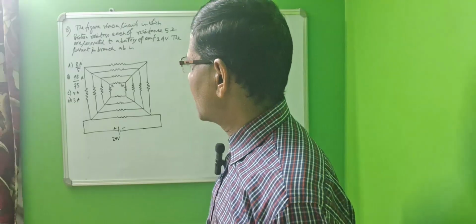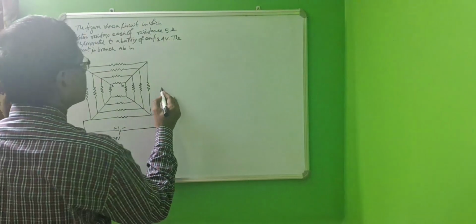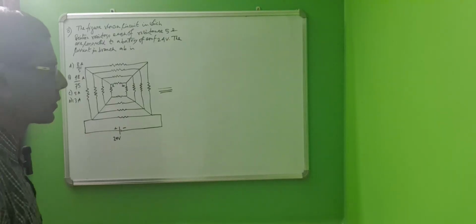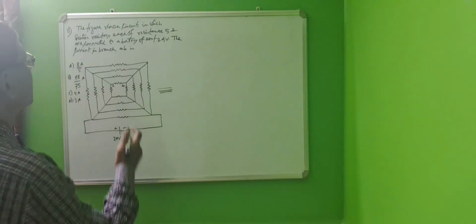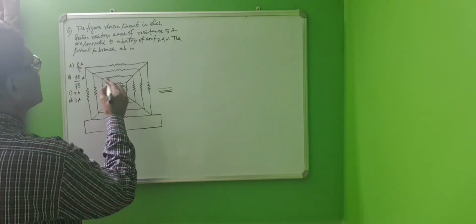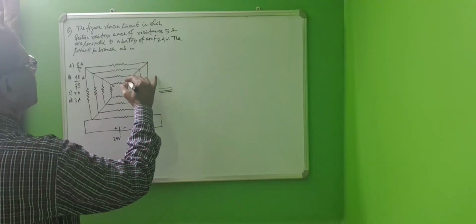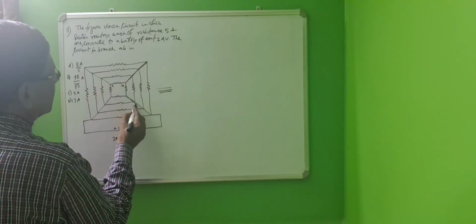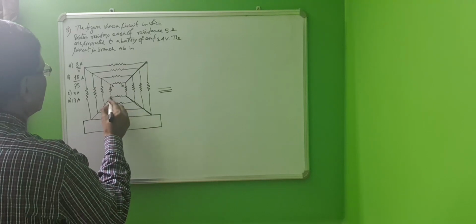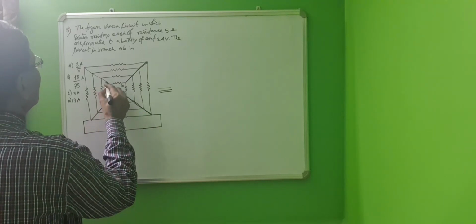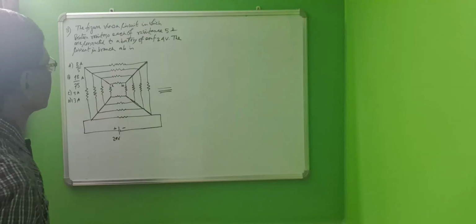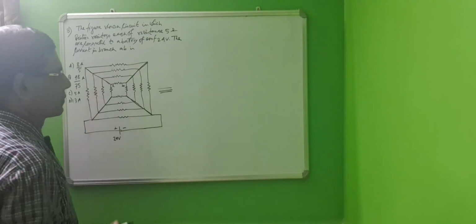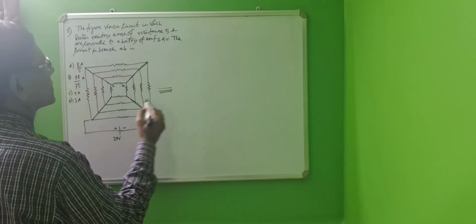So this circuit, we have to first reduce into a simpler form, because these resistors are all attached to a single wire. So we can write that these are in parallel connection. How?